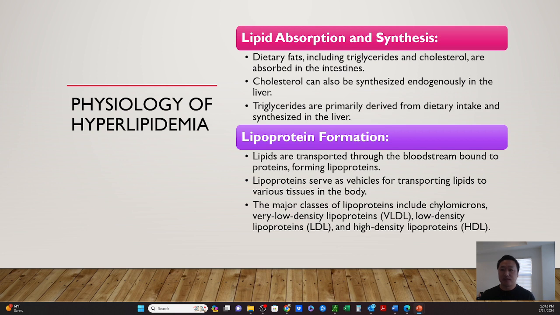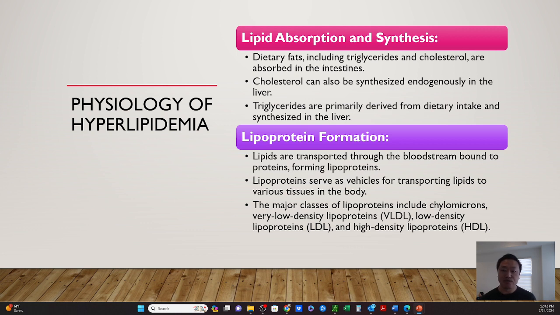So the physiology of hyperlipidemia involves lipid absorption and synthesis.